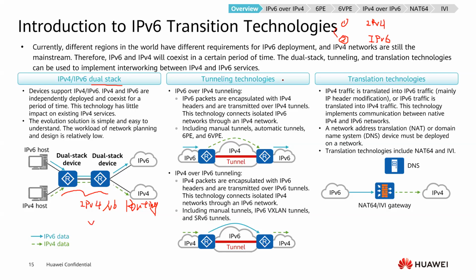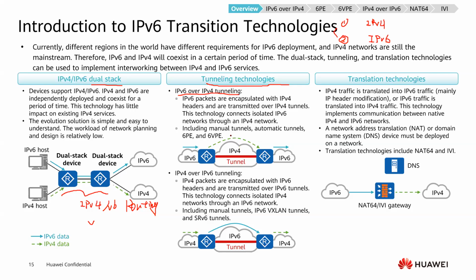And the second transition technology is the tunneling technologies, just for establishing tunnels. The first kind is the v6 over v4 tunneling. For this, you transfer the v6 data through a v4 tunnel overlaid on the v4 network.